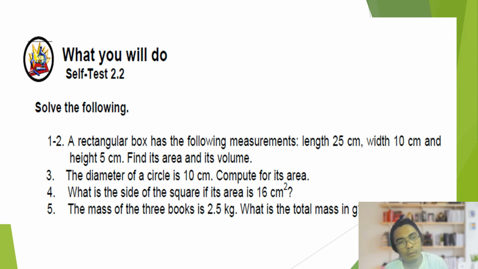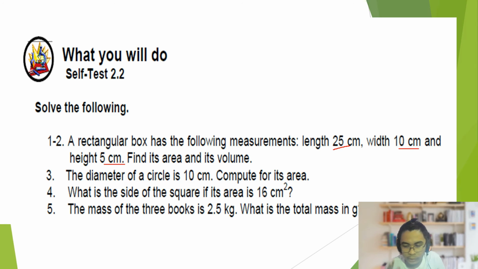So now for the self-test 2.2, you have here 5 items, okay? So for numbers 1 and 2, you're asked to get the area and the volume of a rectangular box with a measurement of 25 by 10 by 5. That's length times width times height. Take note, area and volume are different, okay?